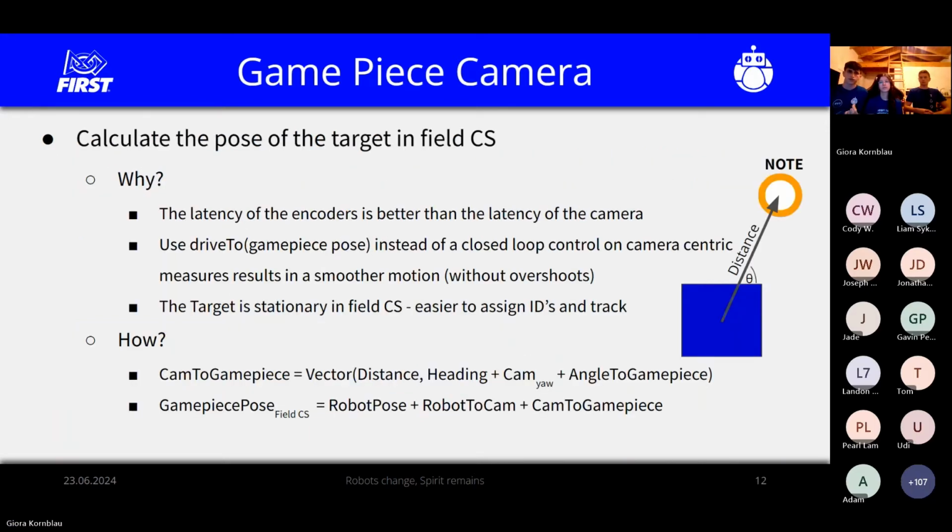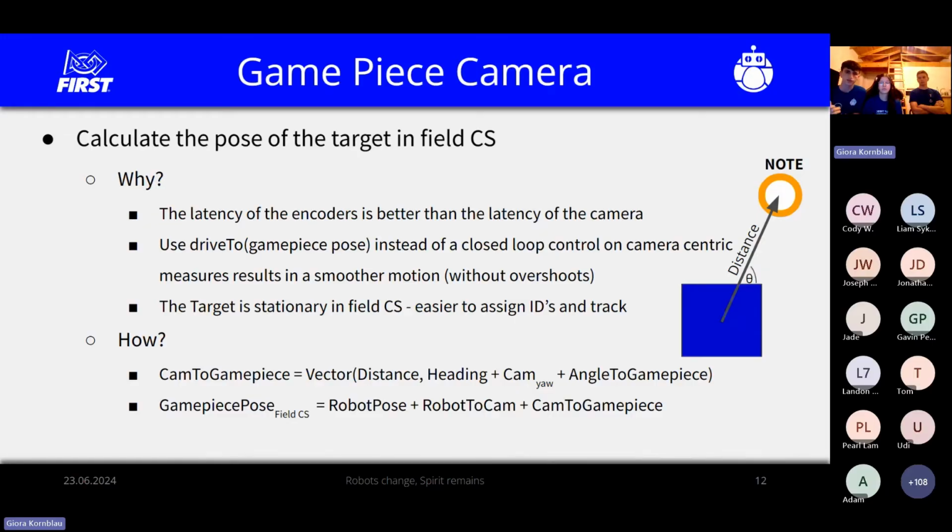And now we take the distance and calculate the pose of the game piece in the field coordinate system. We are doing it because the latency of the encoders is better than the latency of the camera. So closing the loop on them is way better than closing the loop on the camera and waiting for the picture of the camera to update after we change something, like turning to the game piece.